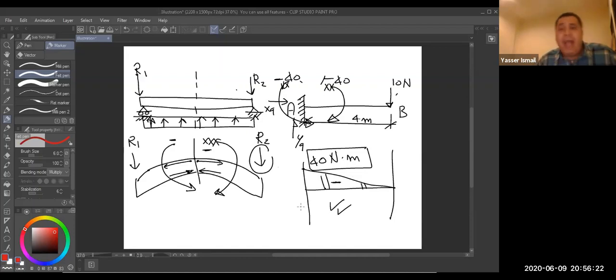Why do I draw the negative moment up and the positive moment down, while all of you, especially in the India schools, give negative down and positive up? Because the distribution of the steel, we put it in the direction of the tension.